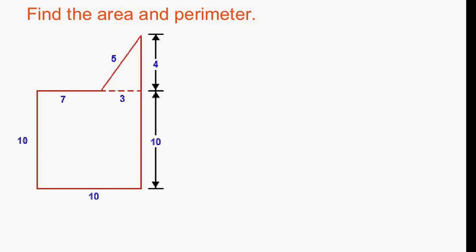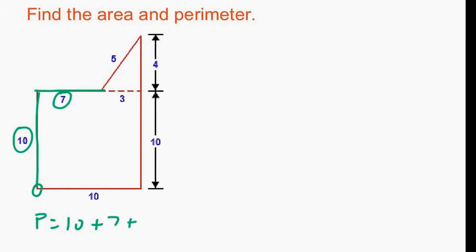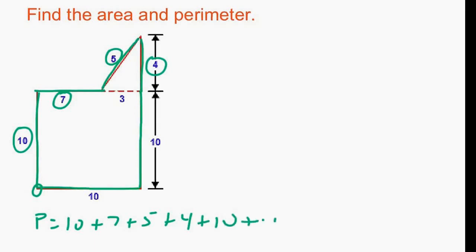All right, now same figure, but we need the perimeter this time. So let's start right here. We're just going to work our way around. So up to there is 10, plus, there to there is 7, plus, from there to there is 5, plus, from there to there is 4, plus, from there to there is 10, and then finish it off with another 10.